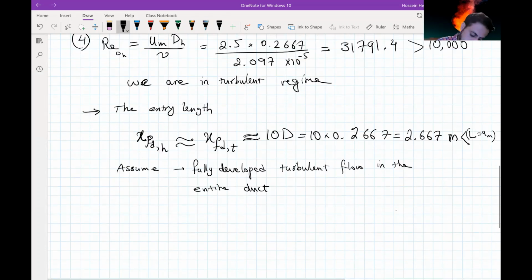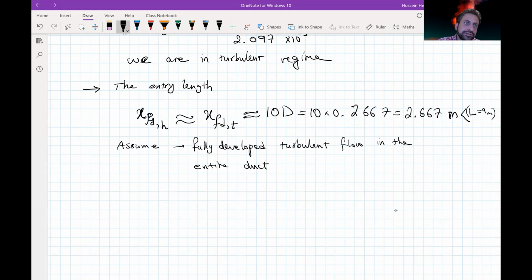That's a fair approximation to give us a Nusselt number for this process.